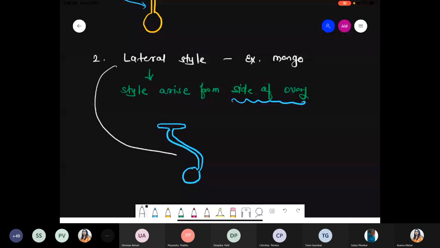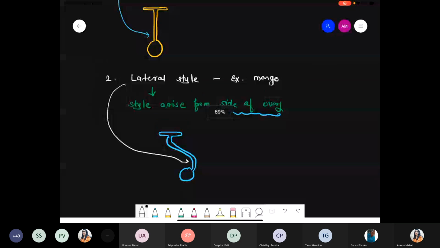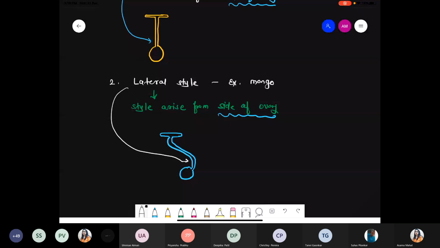Lateral style means the style originates from the lateral side of the ovary. It is not from the terminal, not from exactly the center, so it arises from the lateral position. Such a condition is called the lateral style.